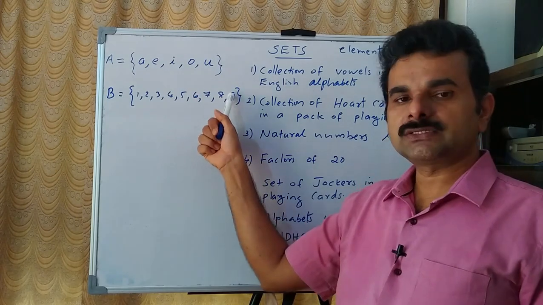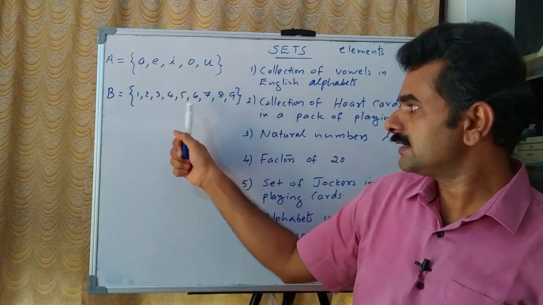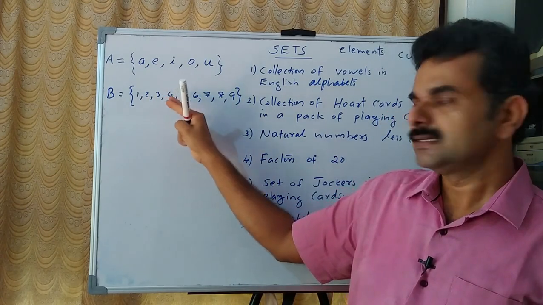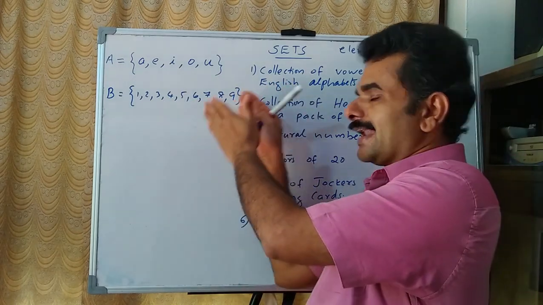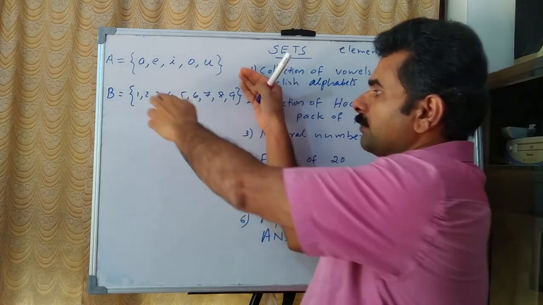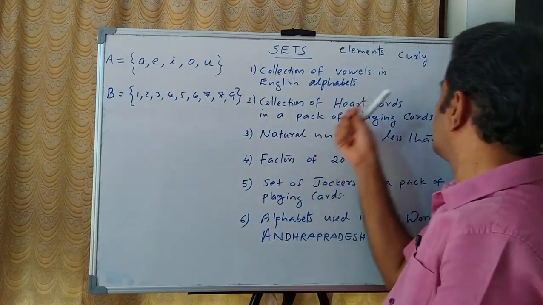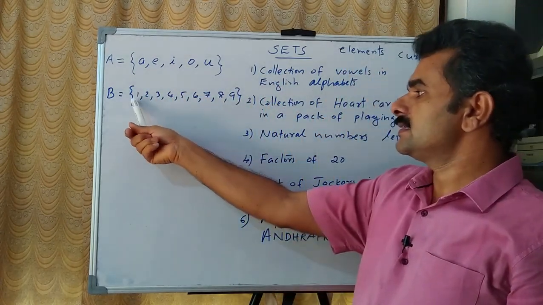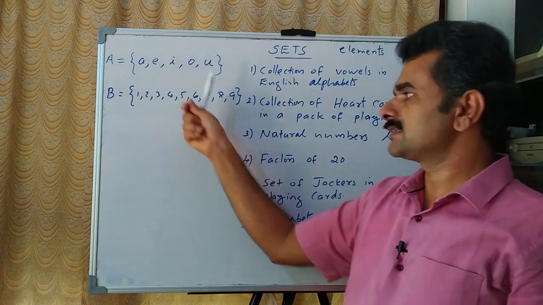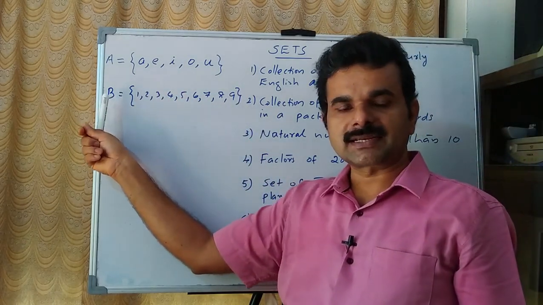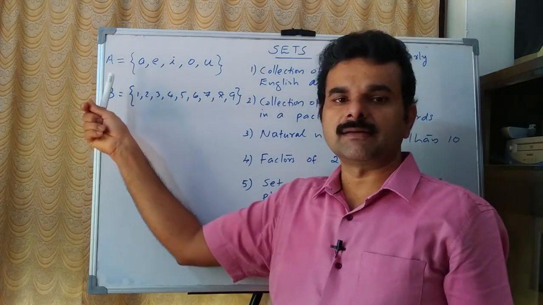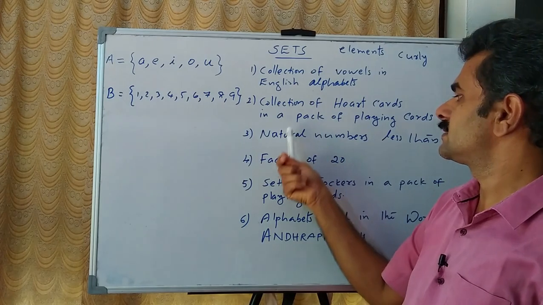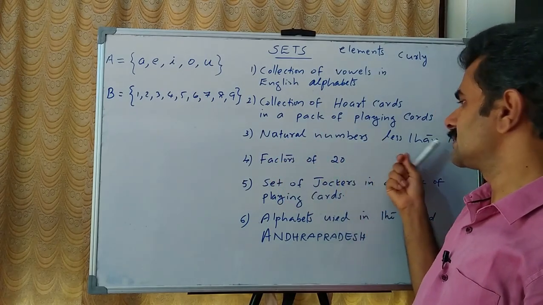There are 9 elements. All elements are clearly defined, and these elements are separated by commas, and these elements are included by 2 brackets called curly brackets, and this collection is named as capital B, an English capital alphabet. So this representation is an example for a set of natural numbers less than 10.